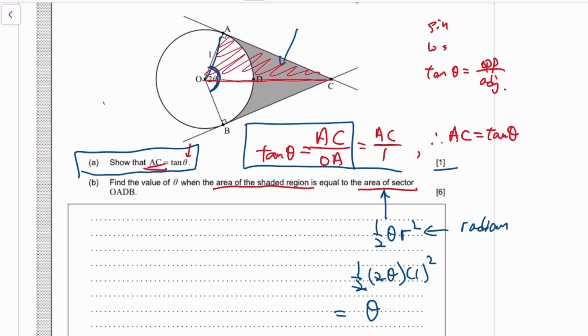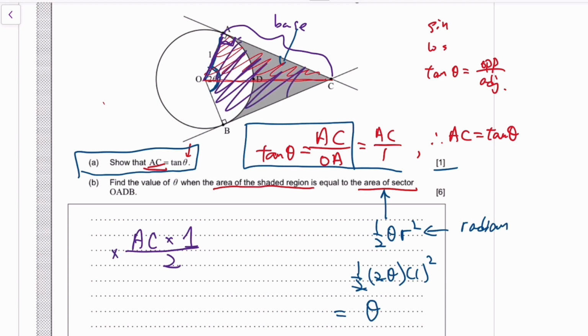Now, especially since this is a right angle, that means you can use AC as your base, and then this 1 would be the height. So the area of that triangle is base times height divided by 2, AC times 1 over 2. But that would only be half of that. So for the whole thing, you need to times 2.